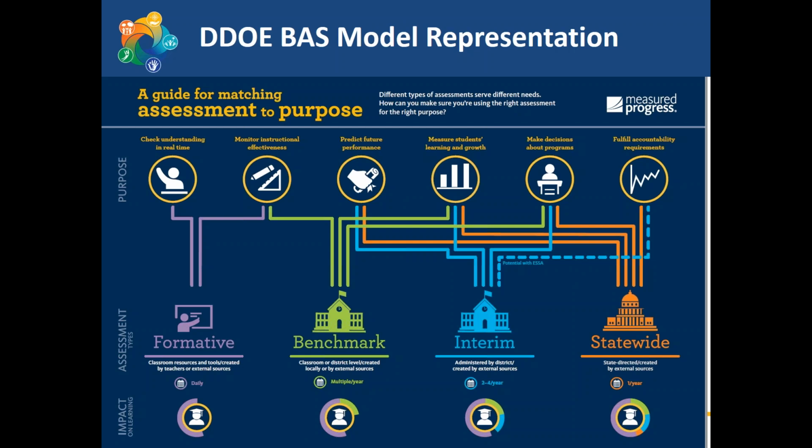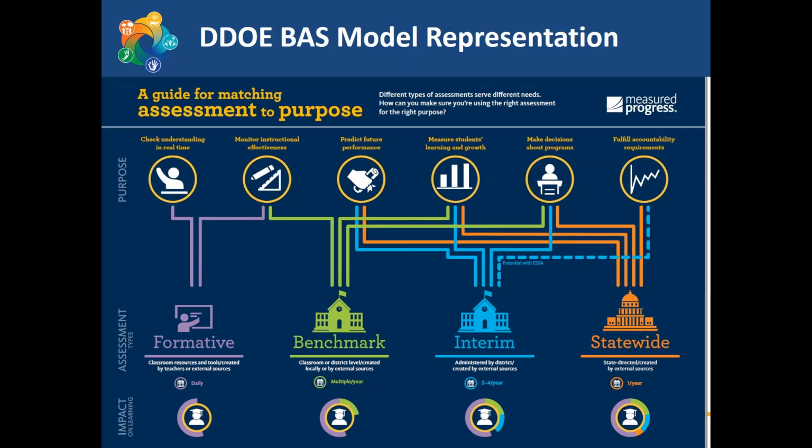Statewide assessments are used to predict future performance, measure students' learning and growth, make decisions about programs, and fulfill accountability requirements. Also, as mentioned previously in this model, formative and benchmark assessments are assessments for learning, whereas interim summatives, including the state testing, are assessments of learning.